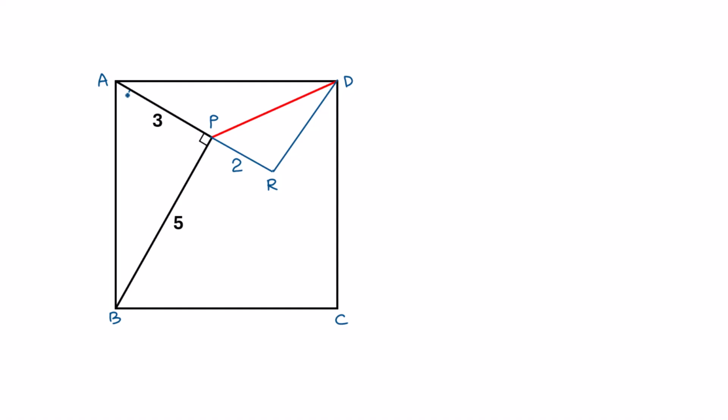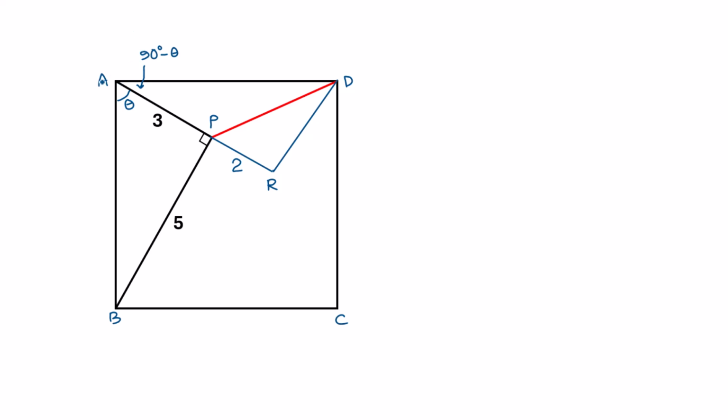Suppose this angle is theta. As ABCD is a square, so this angle will be 90 degree minus theta, because total A is 90 degree and this is theta, so this will be 90 degree minus theta.